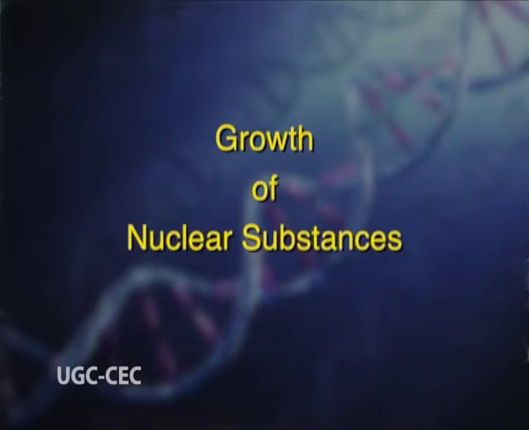Growth of nuclear substances. During this phase, due to the production of a large amount of nuclear sap, the nucleus increases in size. In oocytes of animals having large eggs like amphibians, the chromosomes acquire a very characteristic appearance.